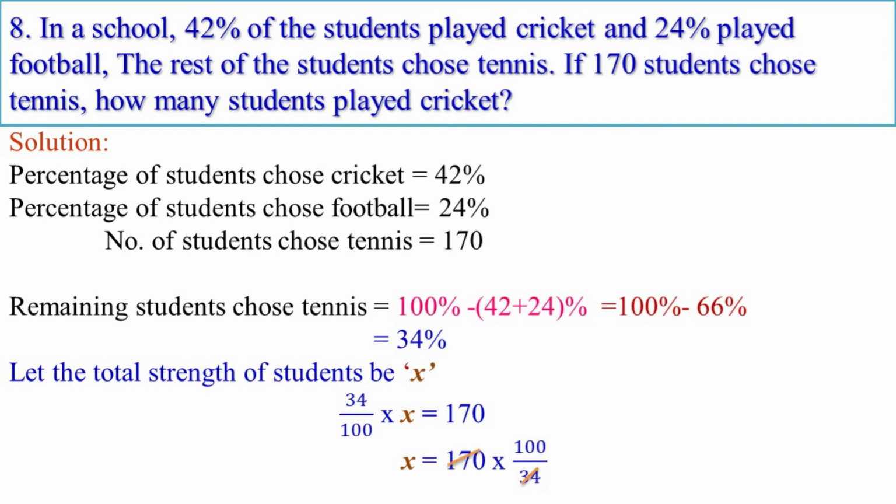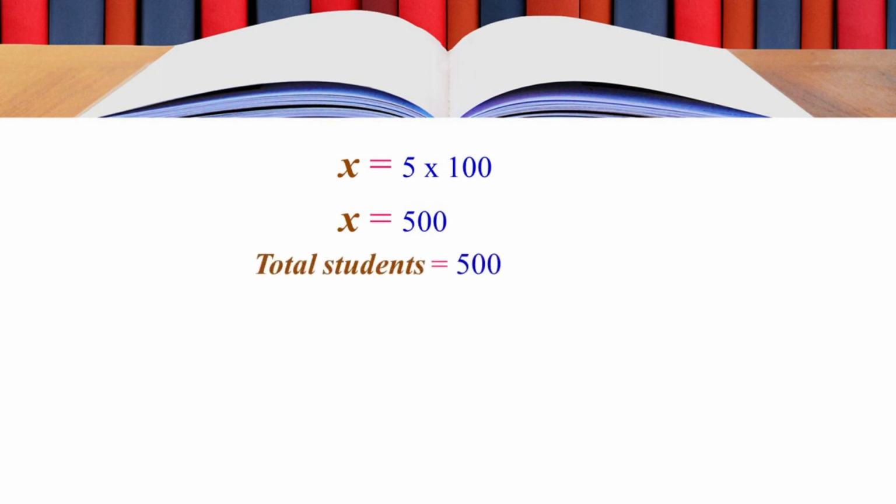Cancelling 34 and 170, we get 5. 34 fives are 170. x is equal to 5 into 100. Now the x value is 500. Total students is equal to 500.